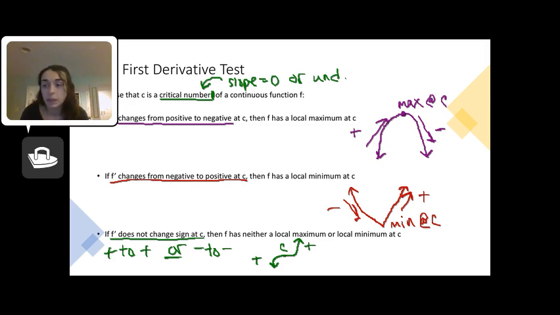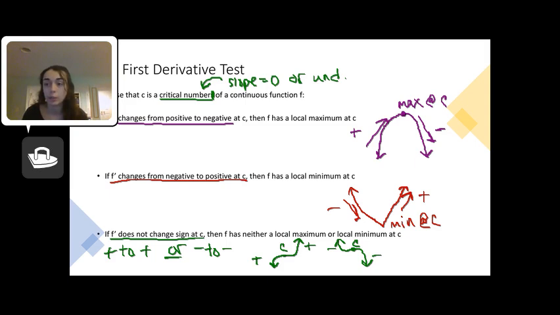So here we don't have any minimum or maximum values. There is neither a local maximum or minimum at c. And then the same occurs if we're talking about negative slope to 0 to negative. Negative to negative, there is neither a local max or min in this case.